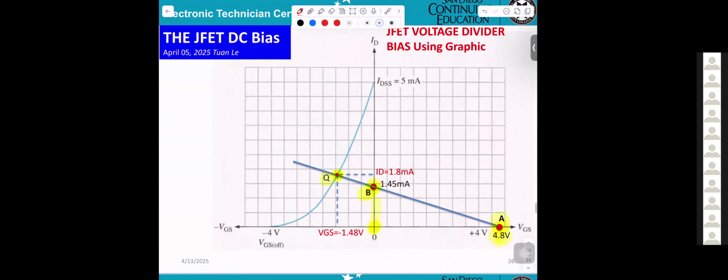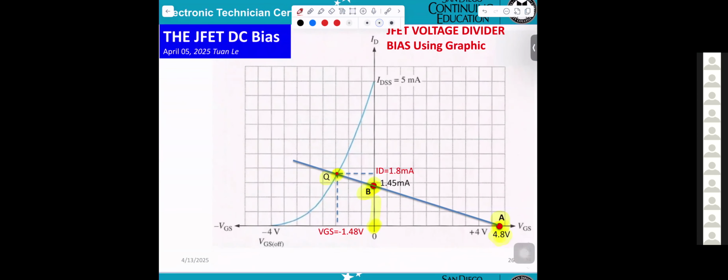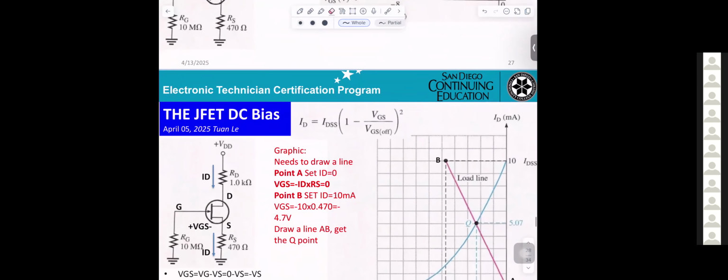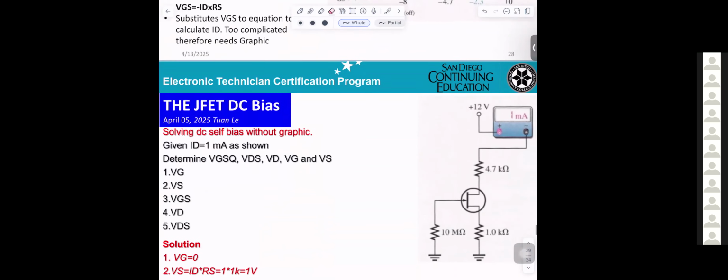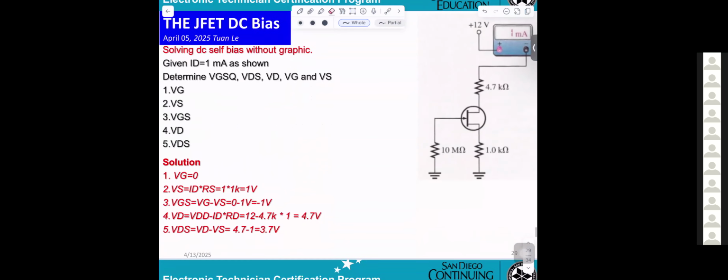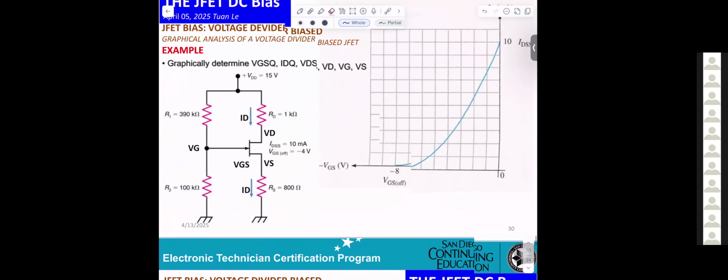Then you draw the line from A to B, intercept at Q point here. You go to the right, you get ID. You go down, you get VGS. That's just one more example. If you want, you can take the time and go through it.